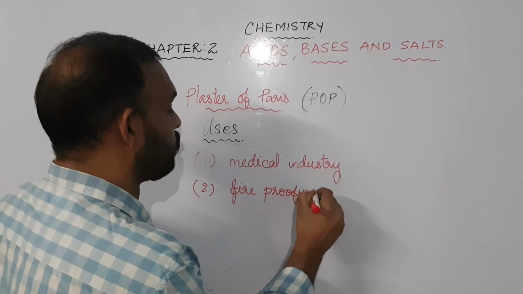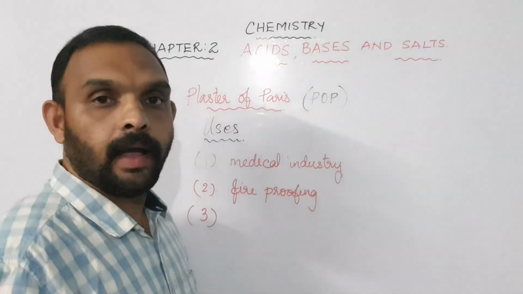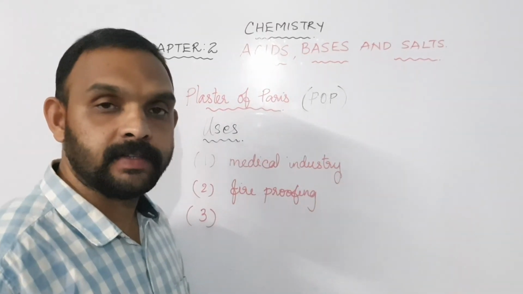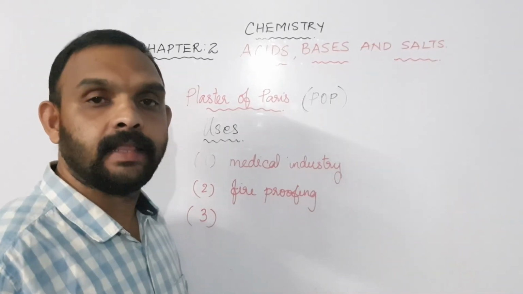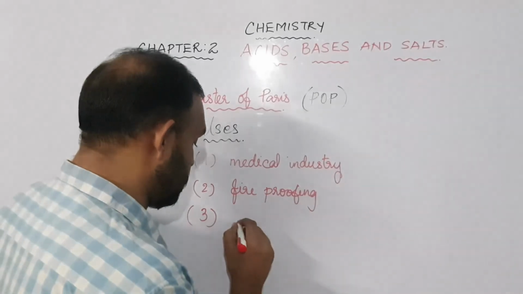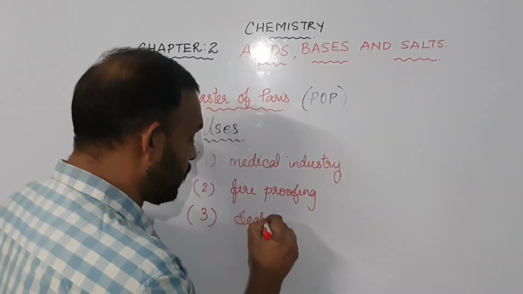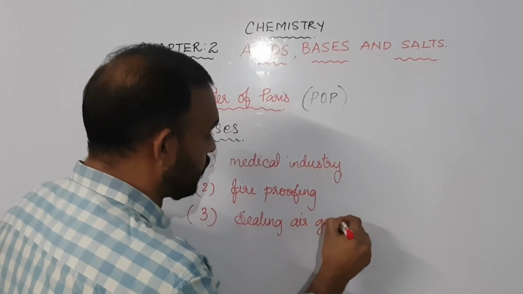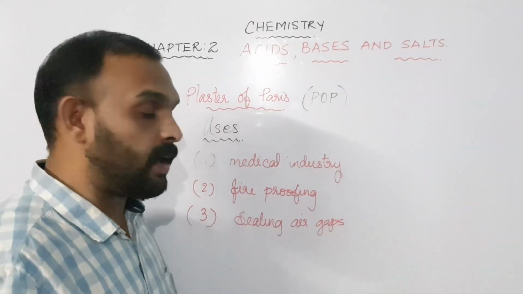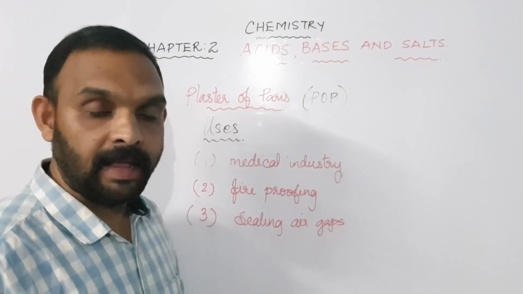For fireproofing we use plaster of Paris. Another important use is that it is used in chemical laboratories to seal the air gaps in apparatus. Sealing air gaps. Okay. So we have learned 5 uses of plaster of Paris.